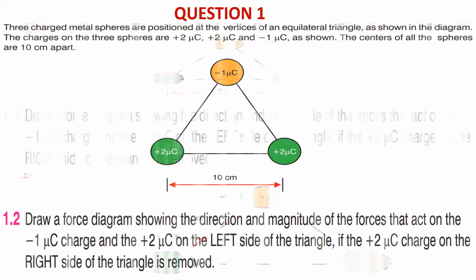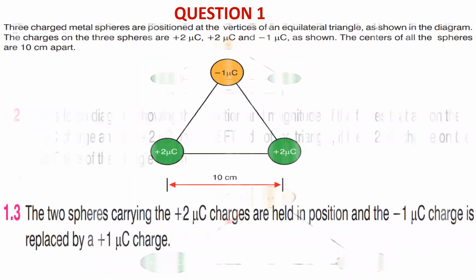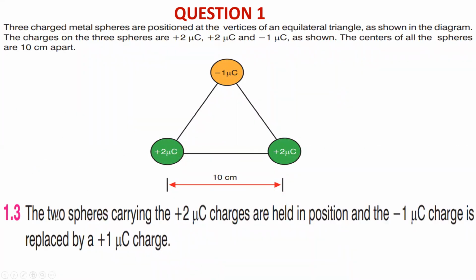So positive 2 microcoulomb and negative 1 microcoulomb attract each other, 1.8 newtons. We already calculated this in question 1.1. You remove this one and only calculate the force between 1 microcoulomb and 2 microcoulombs. Done.